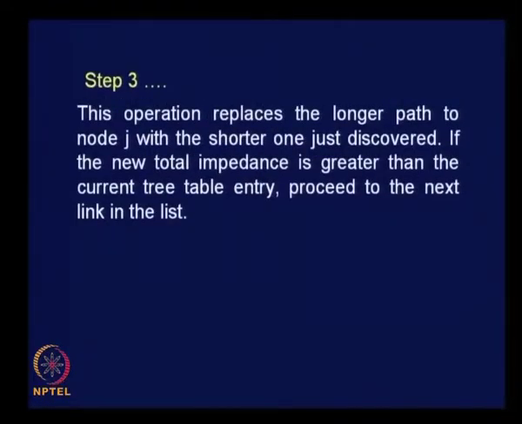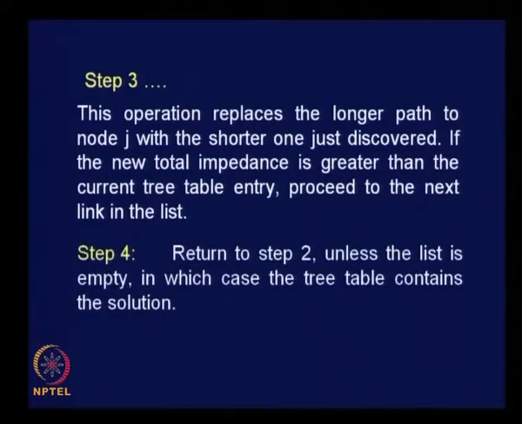This operation replaces the longer path to node j with the shorter one just discovered. If the new total impedance is greater than the current tree table entry, proceed to the next link in the list. And return to step 2 unless the list is empty, in which case the tree table contains the solution.